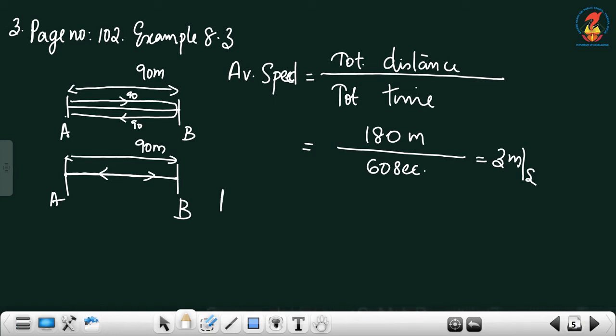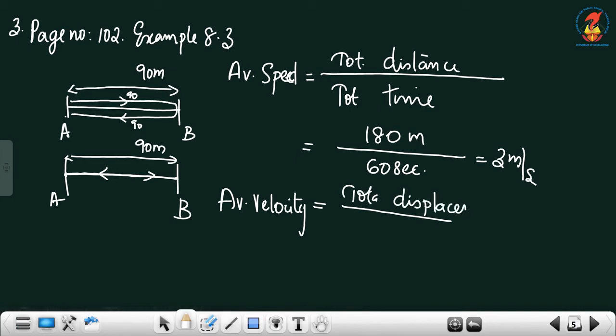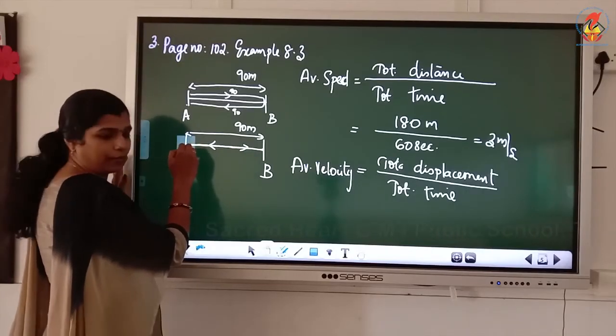Now, we need to find average velocity. Average velocity equals total displacement by total time. What is the displacement?